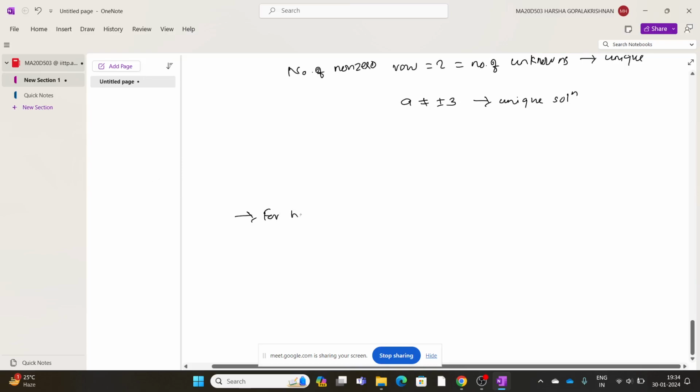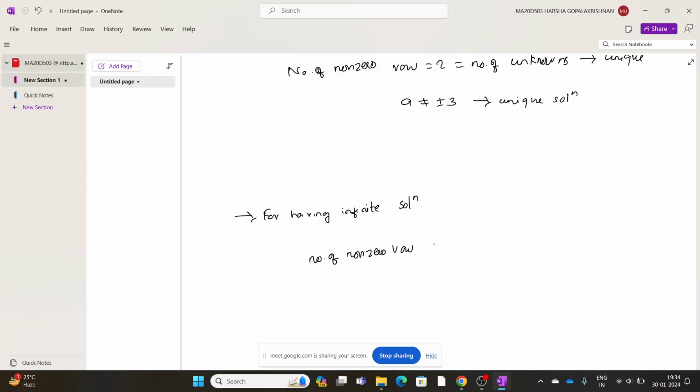So for having an infinite solution, what do we need? The number of non-zero rows should be strictly less than the number of unknowns. Here it is 2, so this should be equal to 1.